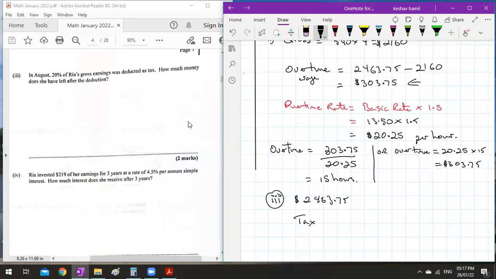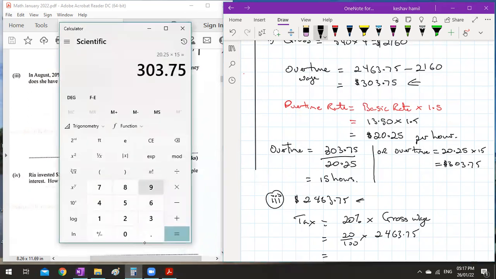So the tax, 20% of the gross wage, which is this amount, 20 over 100 multiplied by 2463.75.